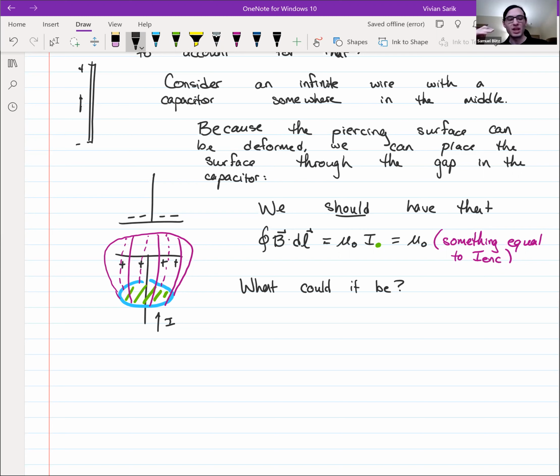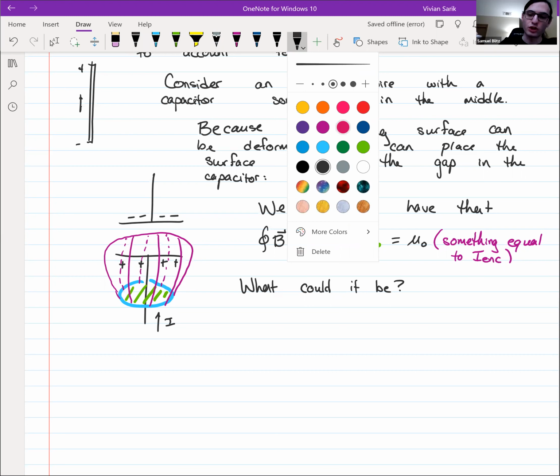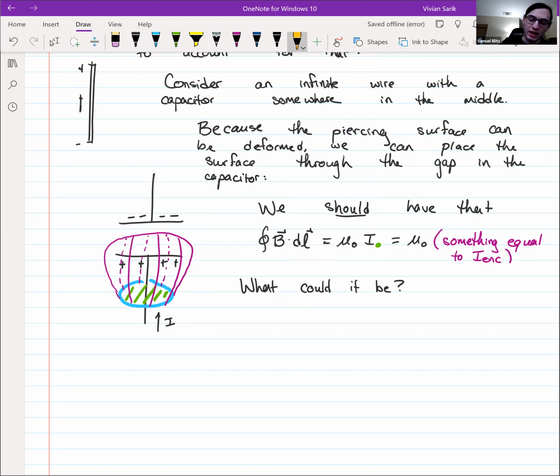We also know that the charge is producing the electric field between the capacitive plates. Let's use orange. We can actually see that as charge builds up in the plates, we start producing electric fields that pass through that surface.